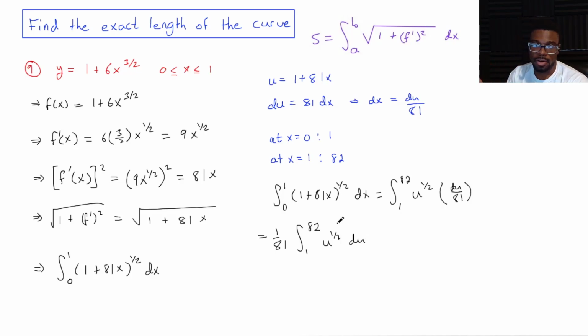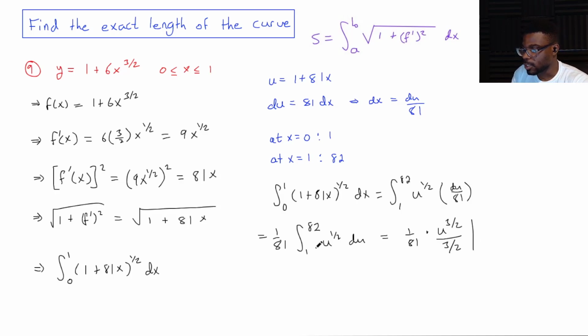Now, u to the power of a half is just another power function, and if we integrate that, according to the power rule, we're going to add 1 to the exponent and divide by the new exponent. Right, so this is going to be 1 over 81 multiplied by u to the power of 3 over 2 divided by 3 over 2.